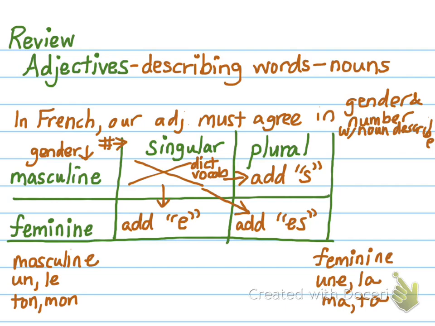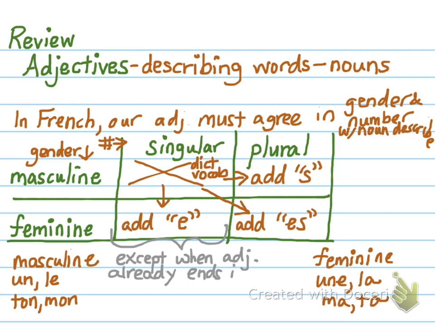Now, again, remember, there are a couple exceptions to this. One exception is this right here. We do add an E to our adjective to make it feminine, except when the adjective already ends in E. An example of that would be timide, which means shy.